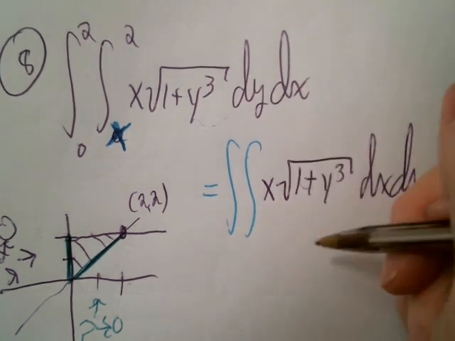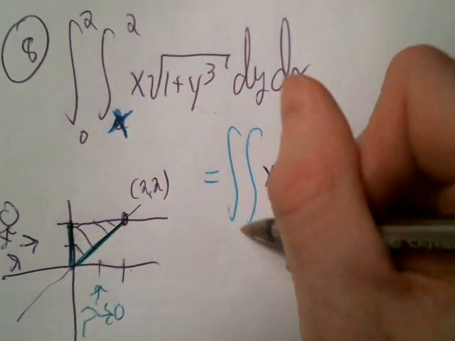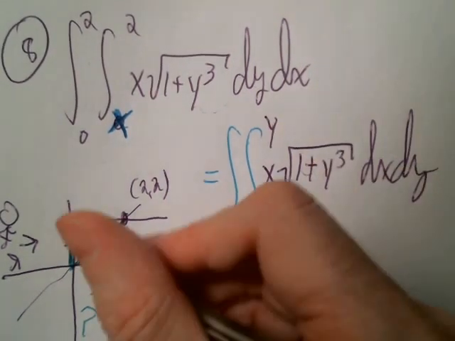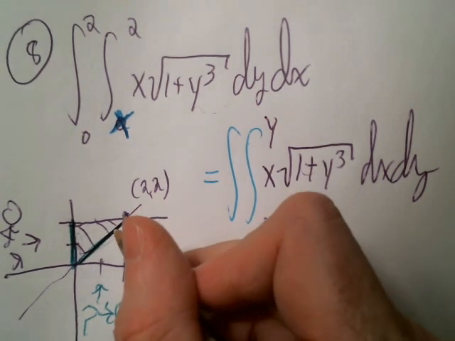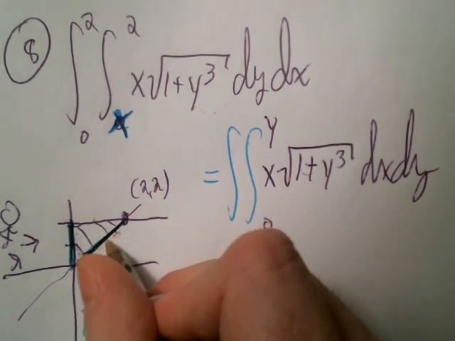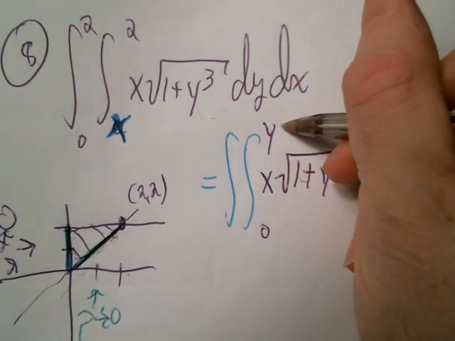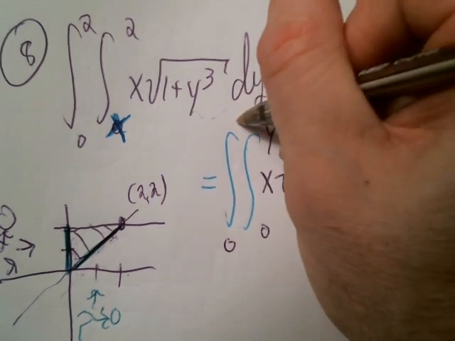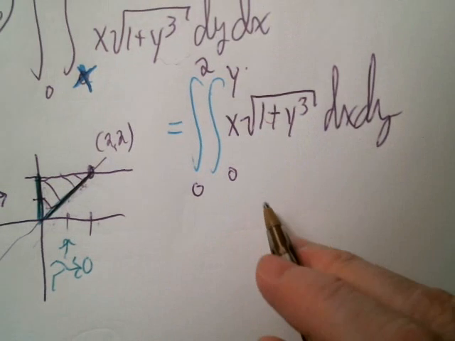It's just that these bounds will be different. So I'm going from x equals 0 to x equals y. The formula for this is y equals x, and solving it for y gives you x equals y. So we got that top limit, and then the Riemann man is running from 0 to 2 on the y-axis. And hopefully that'll allow us to integrate this thing.